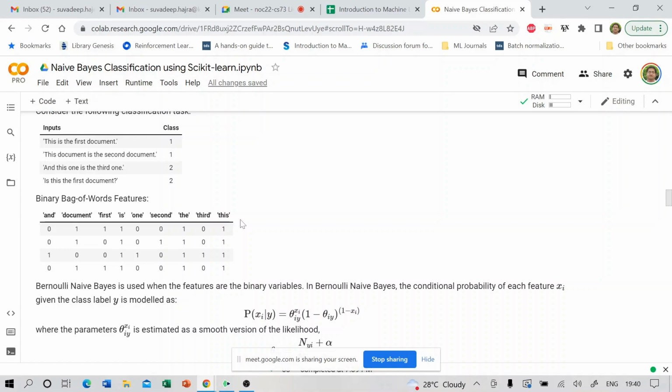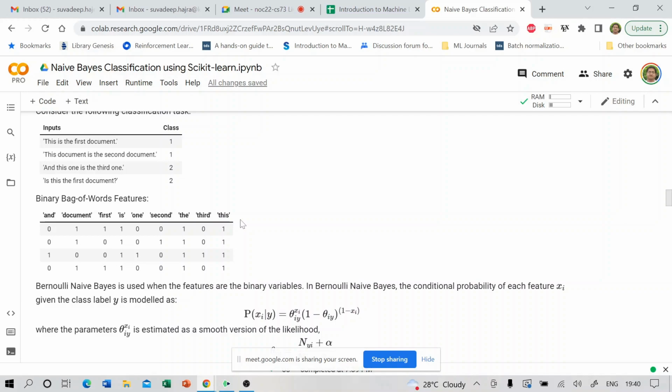So here is an example of Bernoulli Naive Bayes.